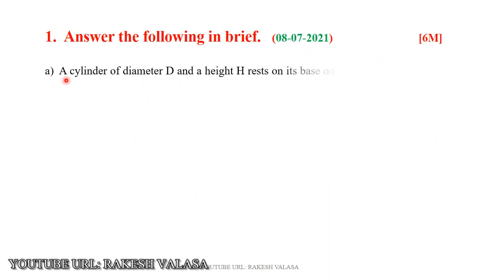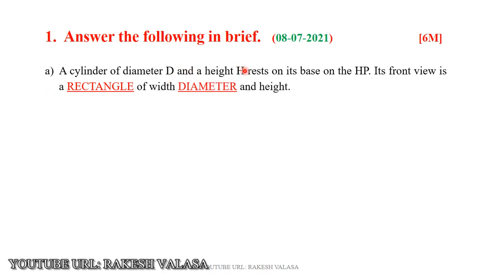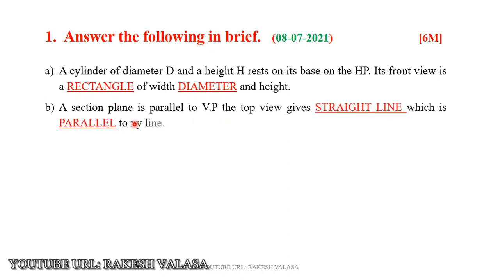Question number A. A cylinder of diameter D and height H rests on its base on the HP. Its front view is a rectangle of width D and height H. Question number B. A section plane is parallel to VP.